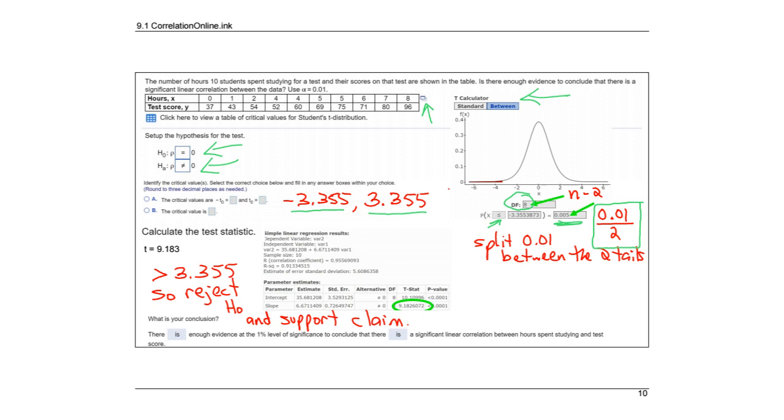All right, so this one wanted me to look at the test statistic. So that's fine. What I did was I clicked on my data box here, and I went to regression again. I went to regression and simple linear.